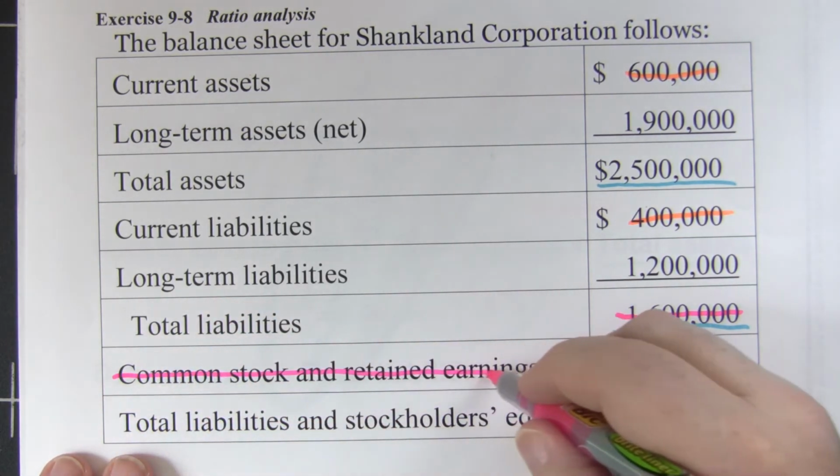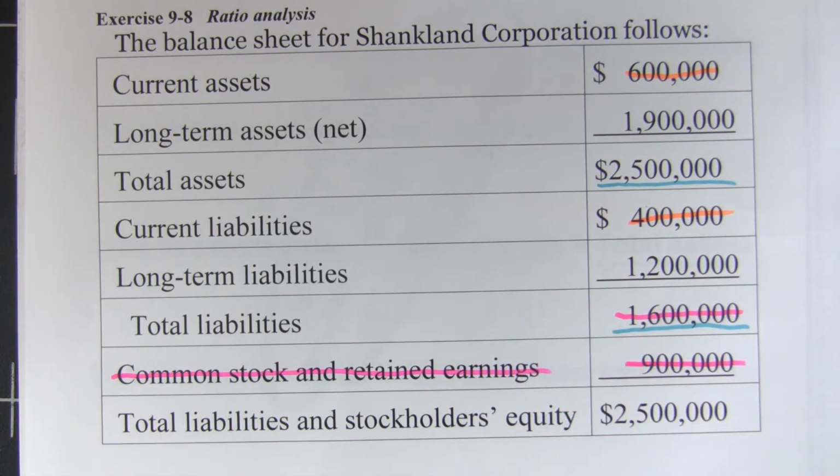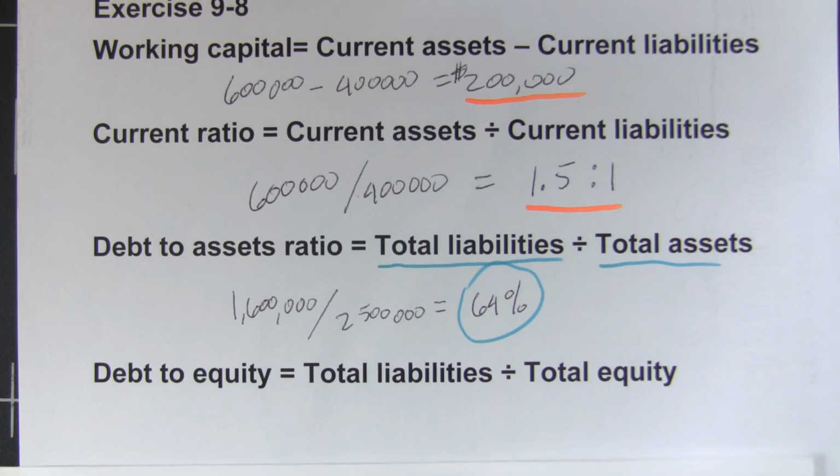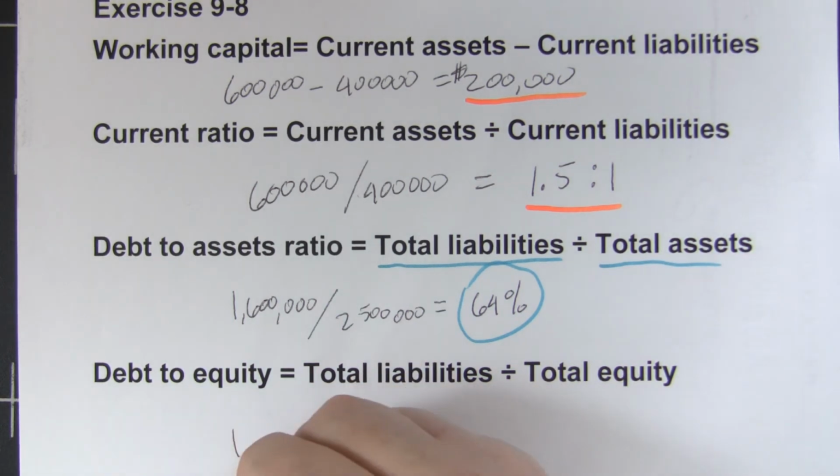And you may have had to look up that number, and that's okay. You're not financial folks, but you know where to get it, and you know how to get it, and now that you have it, you can say, okay, we have 1,600,000 in total liabilities.